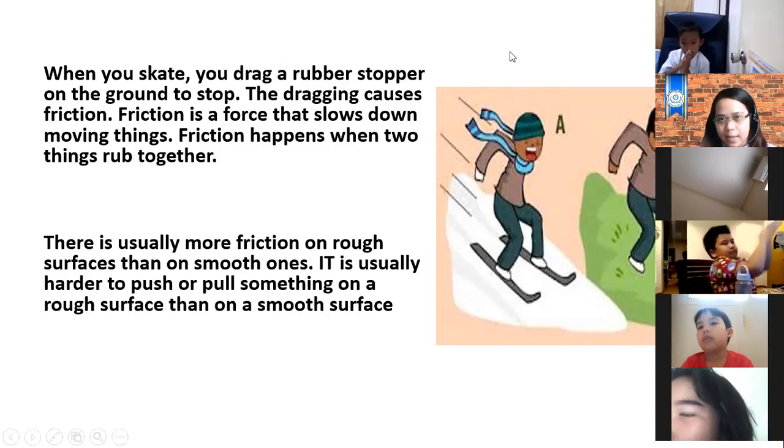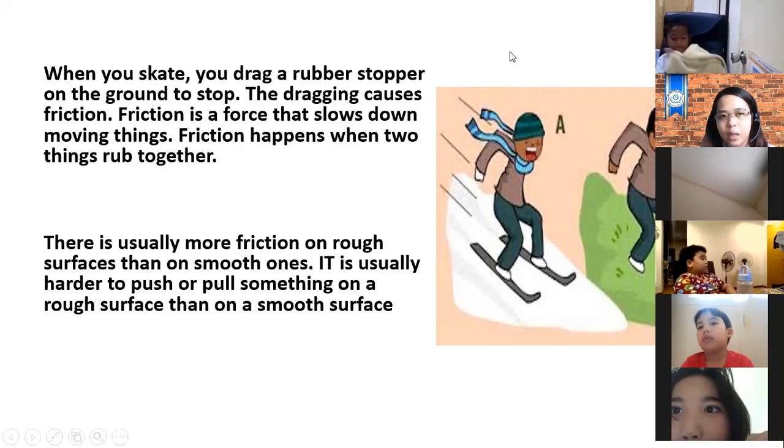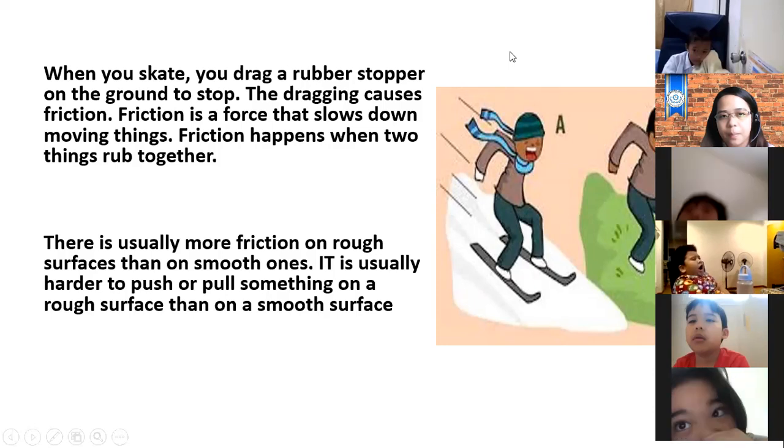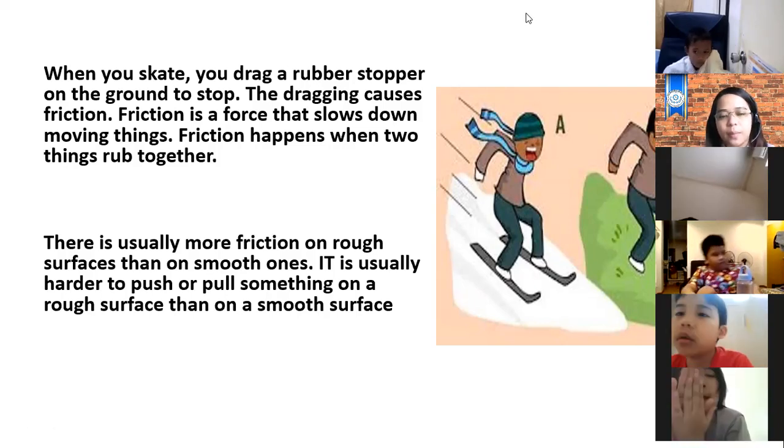When you skate, you drag a rubber stopper on the ground to stop. The dragging causes friction, and friction is a force that slows down moving objects.